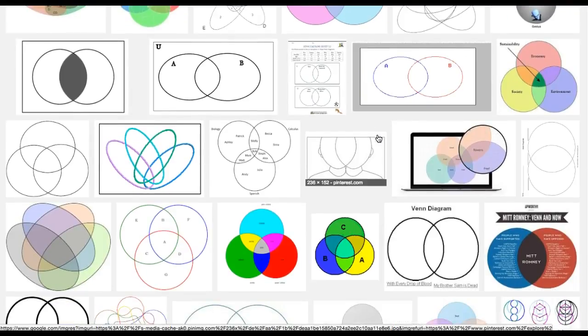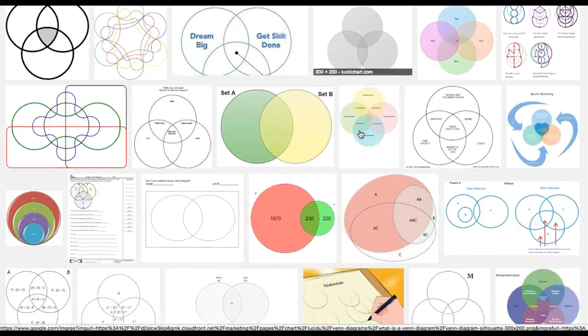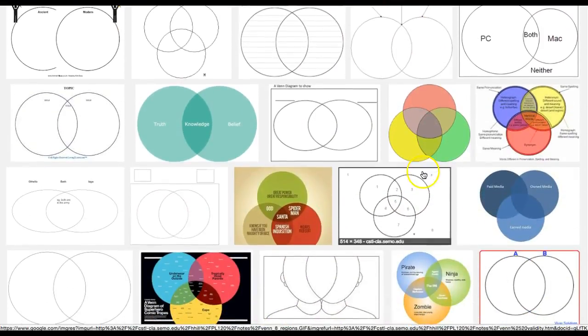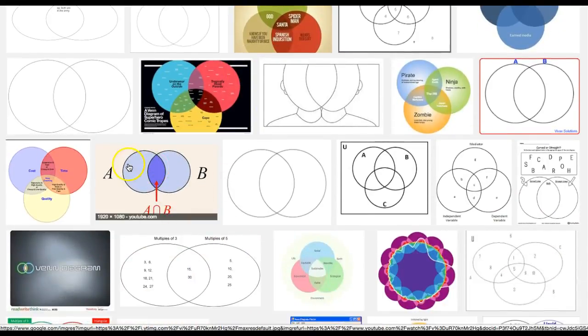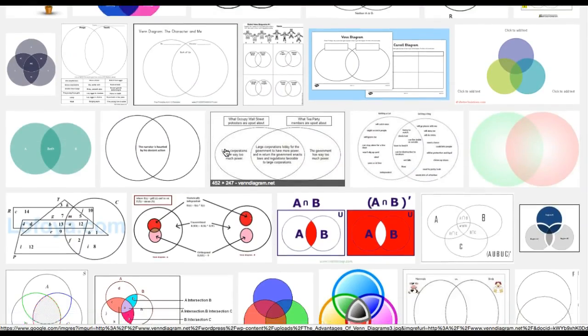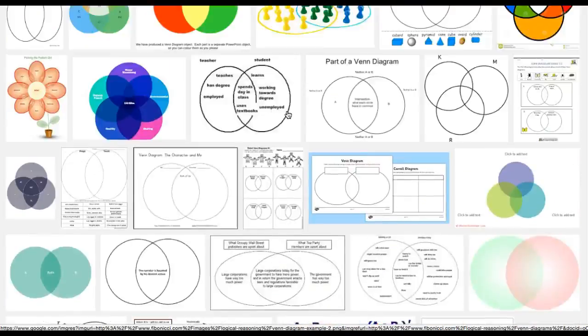Of course, I can't find a good example right now. There's a better diagram: A and B, and the intersection is this shaded area. I wish I could find a picture to show you of A union B. That's not helpful, it gets too crazy.